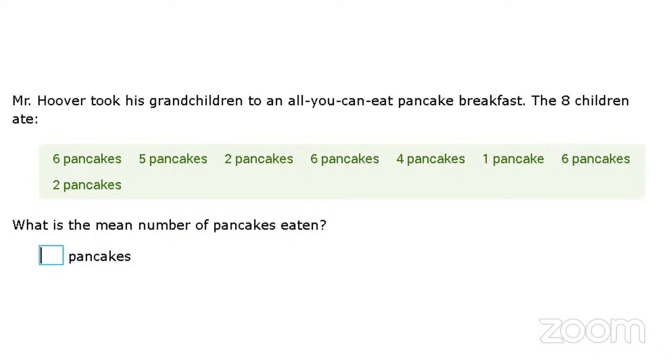Before, you guys said that mean is the same as average. So I could say, what's the average number of pancakes eaten? Yes, guys, very good. Okay, go ahead and tell me what we have here. While you are working on this, I'm going to work on it as well.